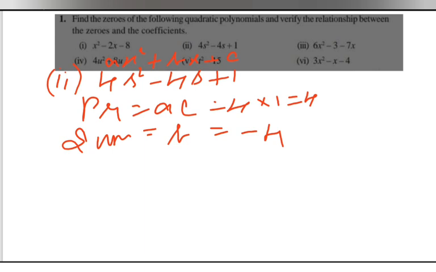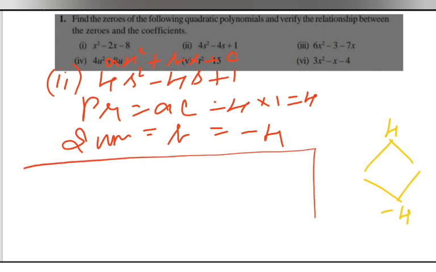Let's draw the rhombus. First we should write the product, draw a triangle and leave a space, and in the lower part write minus 4. First we should take all the possible outcomes.